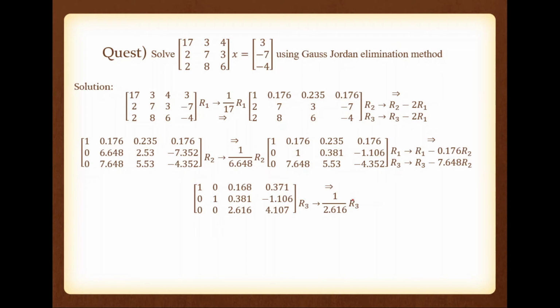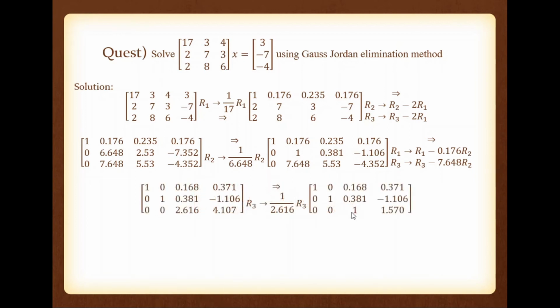So what is our modified augmented matrix after this step? We have 0.168, 0.371, 0.381, minus 1.106, and 0, 0, 1, 1.570. Now we are going to remove these two components. How to remove this 0.168? This is R1, so R1 is equal to R1 minus 0.168 into R3.